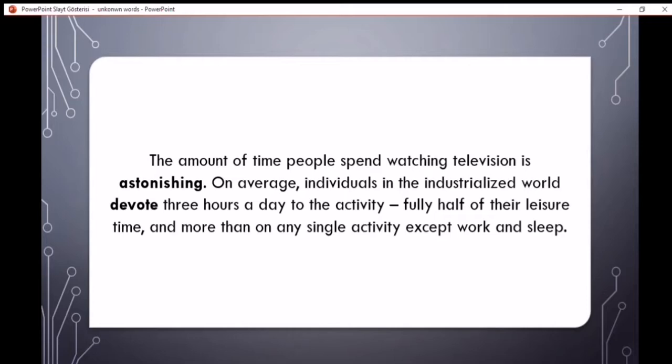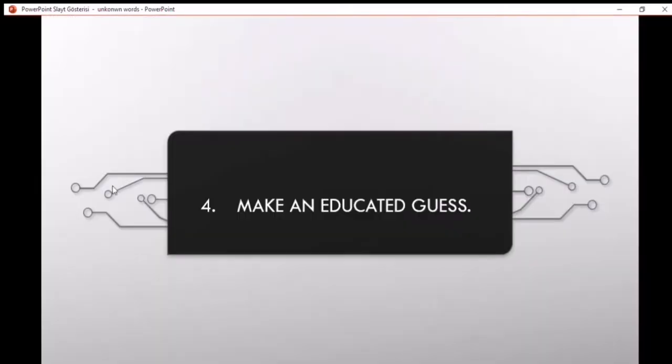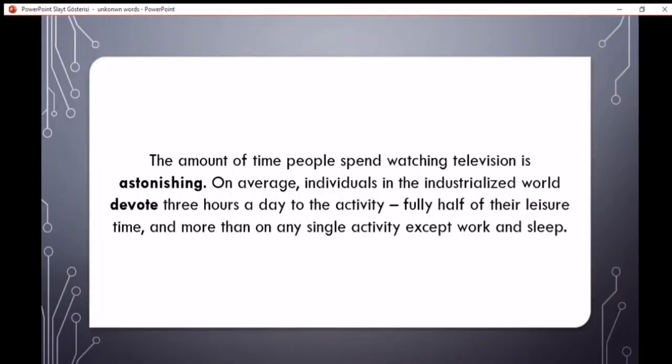We could do that. That would be a guess. But because we need to make an educated guess because we are solving questions in an exam such as TOEFL and IELTS, we want to be specific. Moving on to devote. On average, individuals in the industrialized world devote 3 hours a day to the activity.